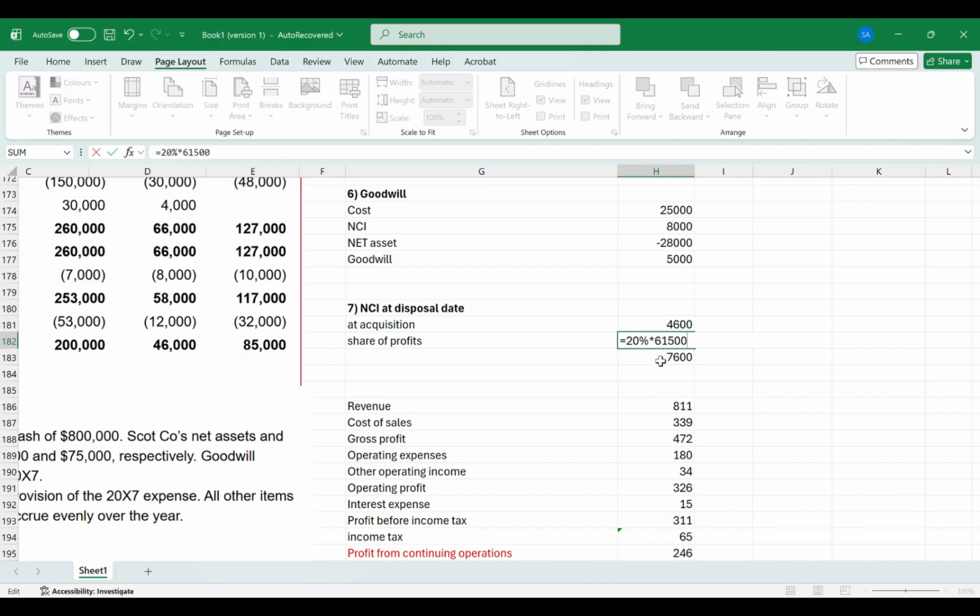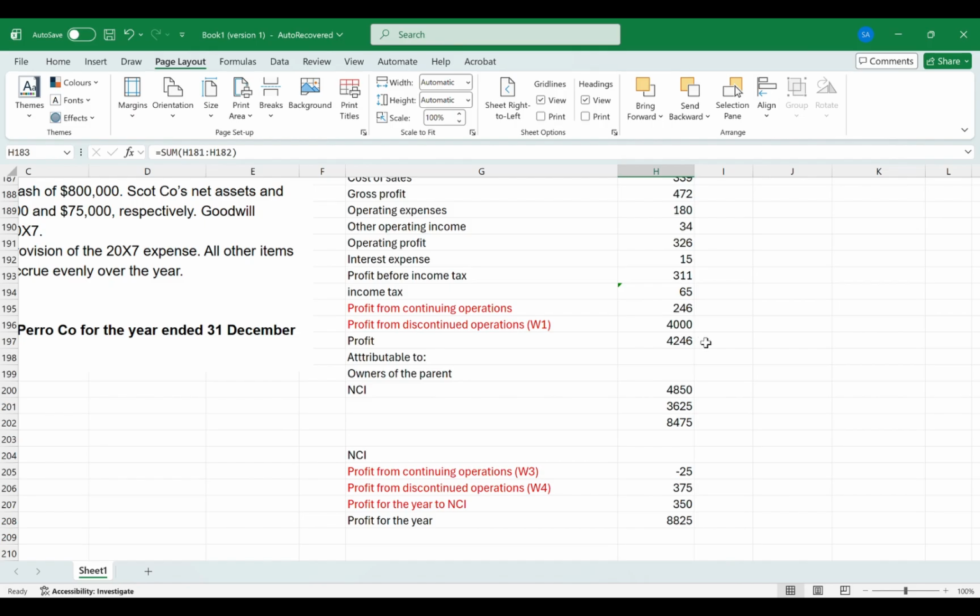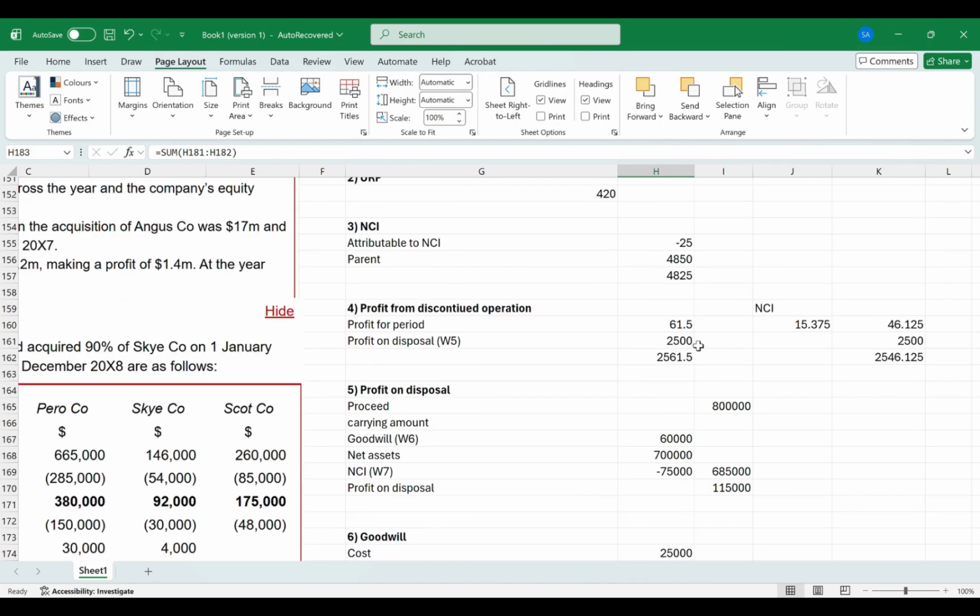Because the profit from discontinued operation is 61,500. That's what we have got here. This one. You see? So that you have to take here for NCI.